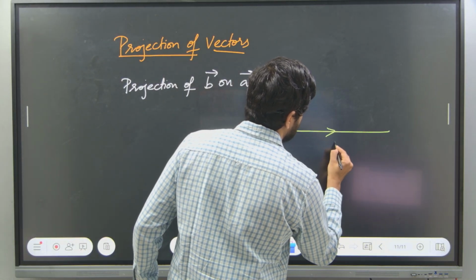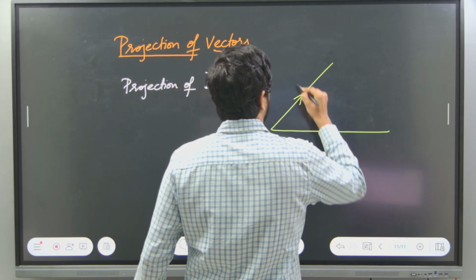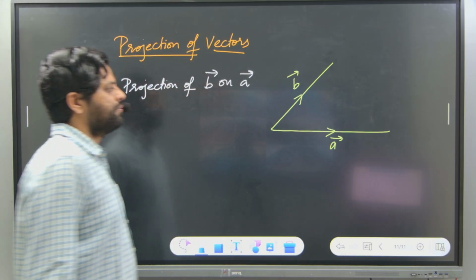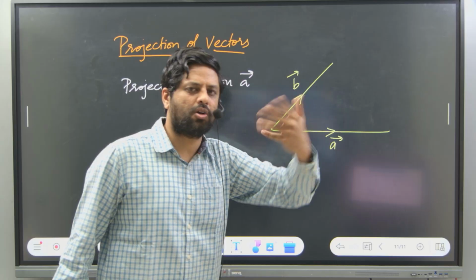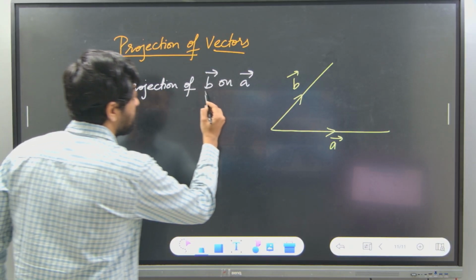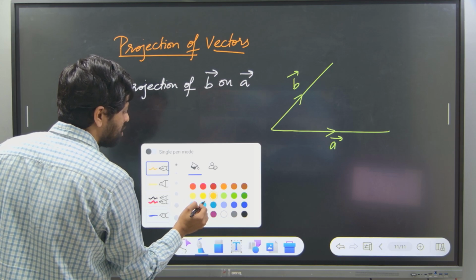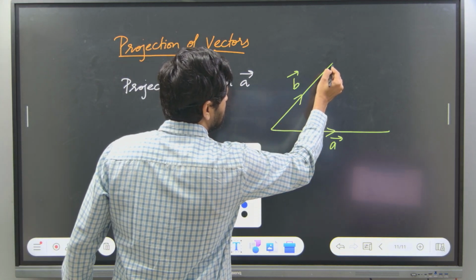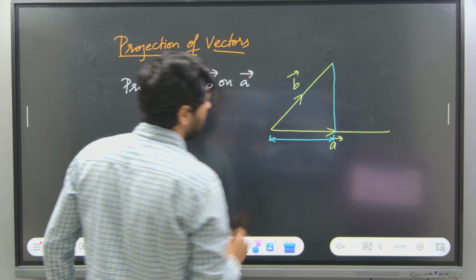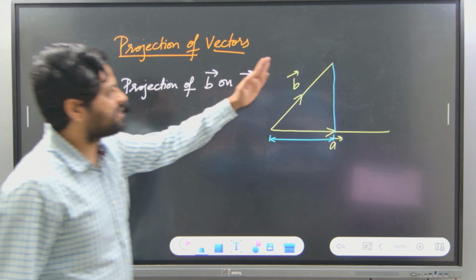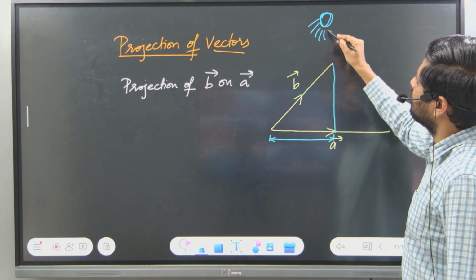Say for example, the A vector is along this direction, and I have one more vector B, which is along this direction. When I say projection of B on A, I am talking about a certain shadow of B on A. Say there is some source of light here.